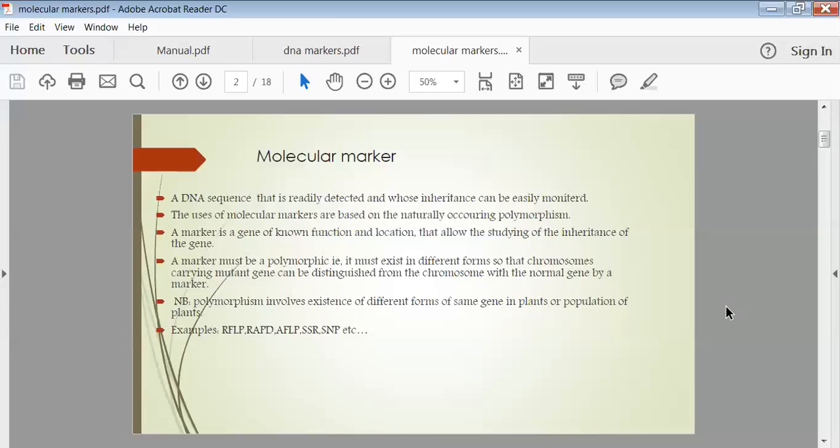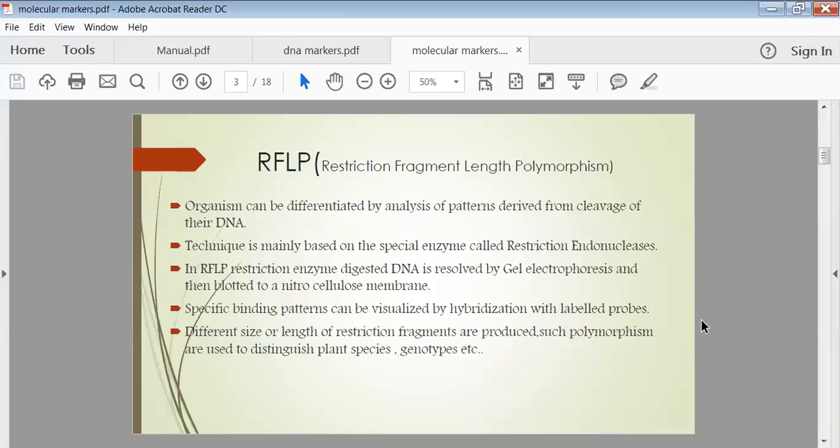So we will discuss some important examples here. First is the RFLP. RFLP is the full name of restriction fragment length polymorphism. Okay, so with RFLP the organism can be differentiated by analyzing the pattern derived from the cleavage of its DNA.